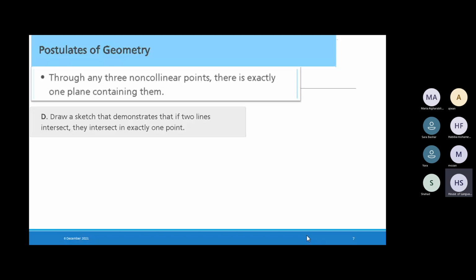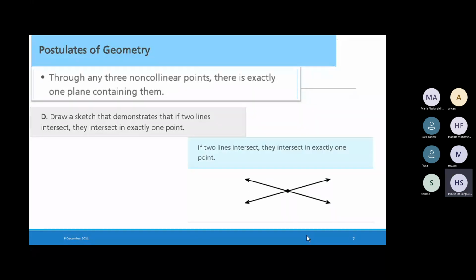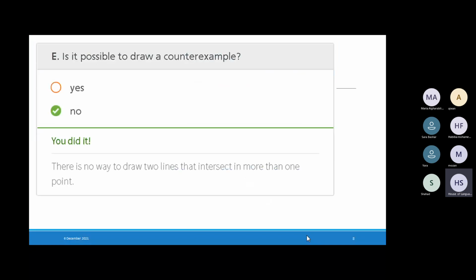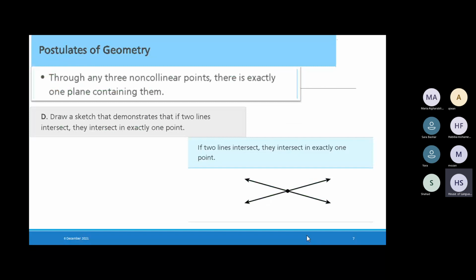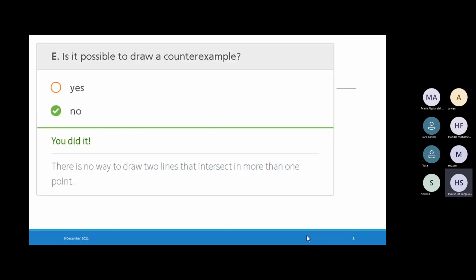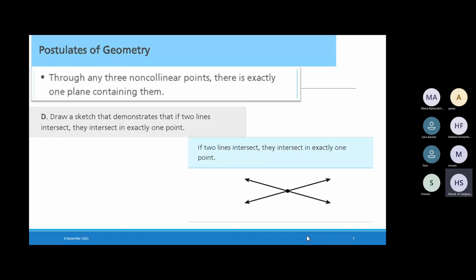Let's see. Draw a sketch. No, I made something wrong. Just a minute. No, this is false. I will draw it for you. This one is not related. Just a minute. No, this is wrong.